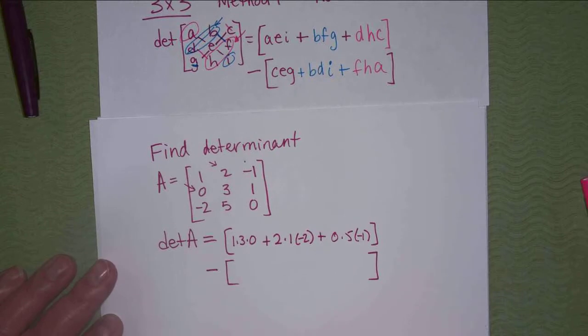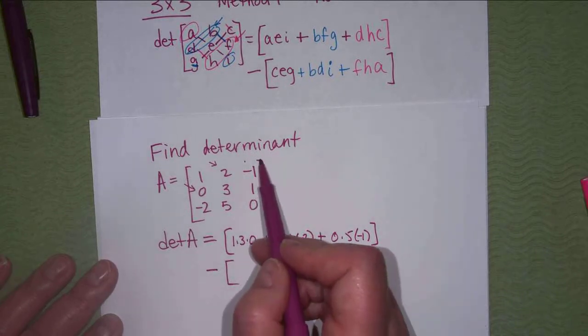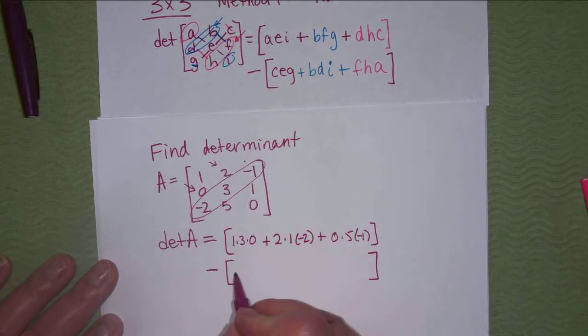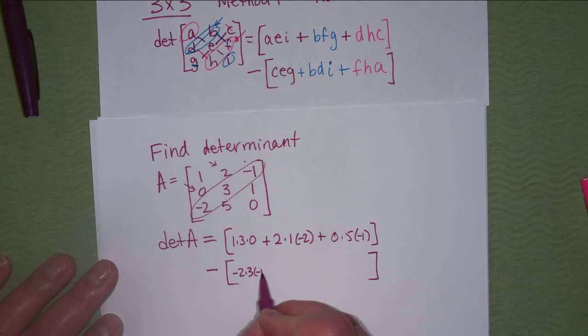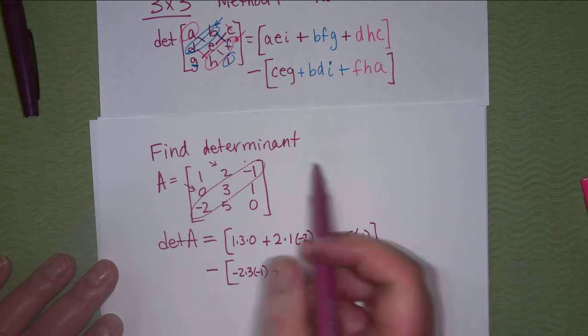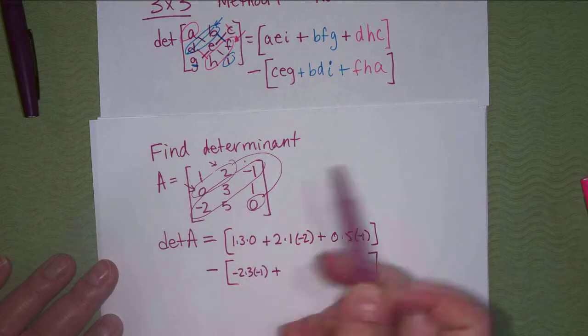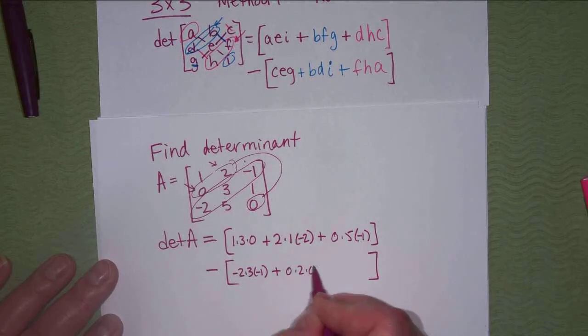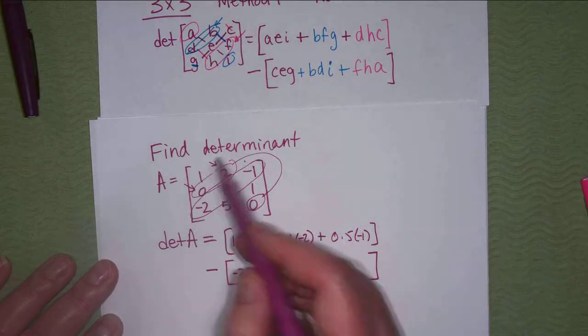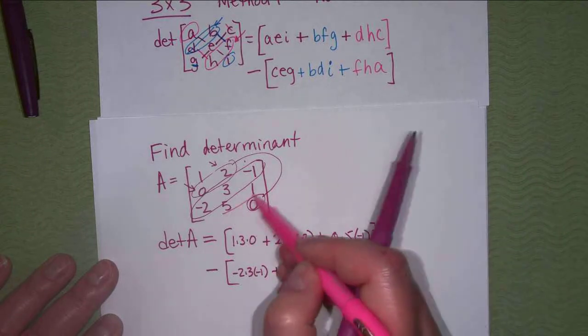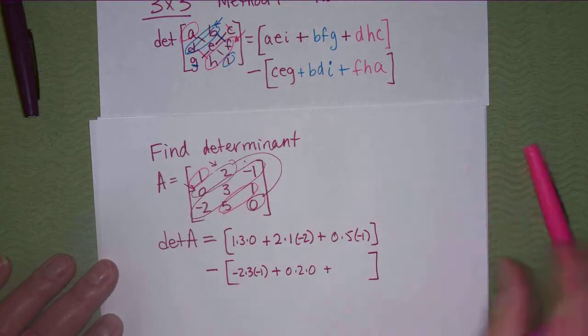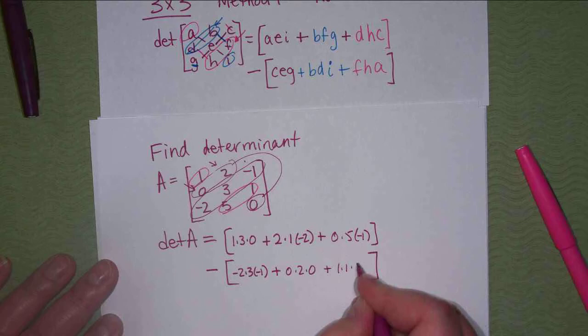Subtract, going backwards. Minus 2 times 3 times minus 1. Zero times 2 times 0. A 1 and a 5.